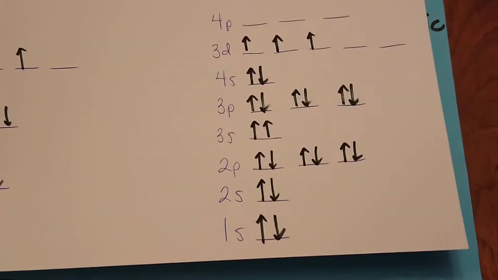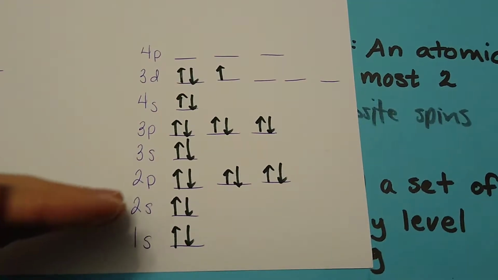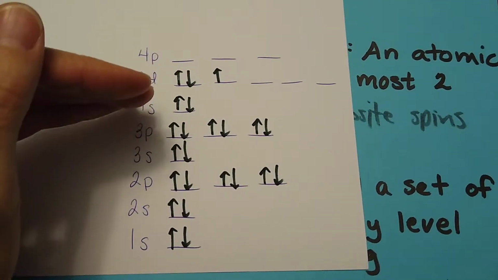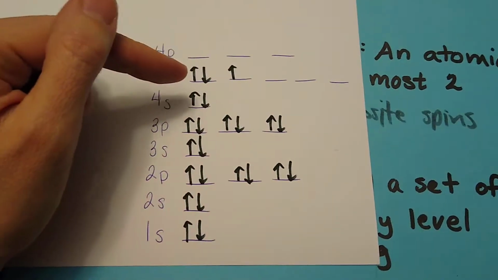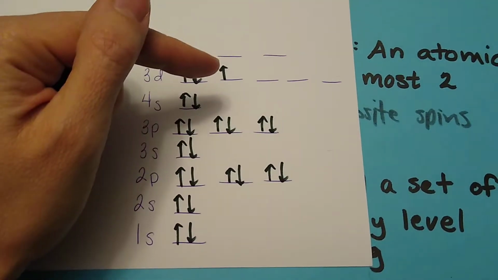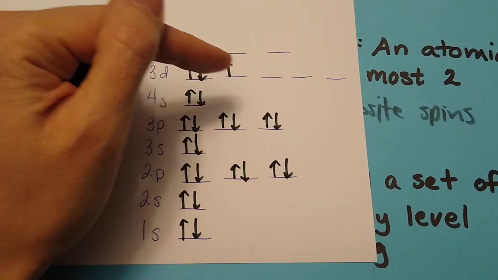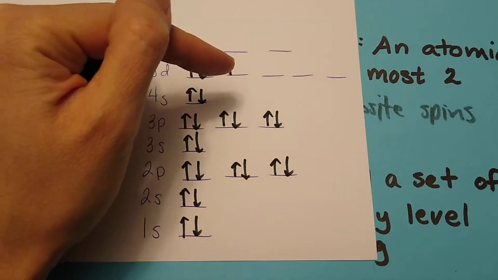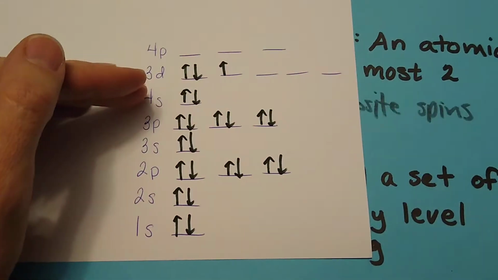So that one is not correct. All right, here's another one. This one we've filled from the bottom to the top. Everybody has opposite spins, but when we get up here, we have 2 in the first orbital and 1 in the next orbital. But when we have orbital sets like this, we should fill 1 electron in each orbital before we go back and pair them.